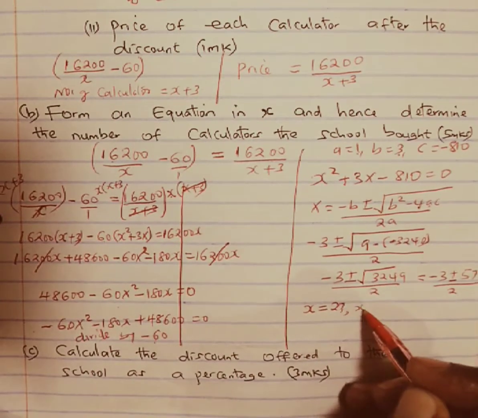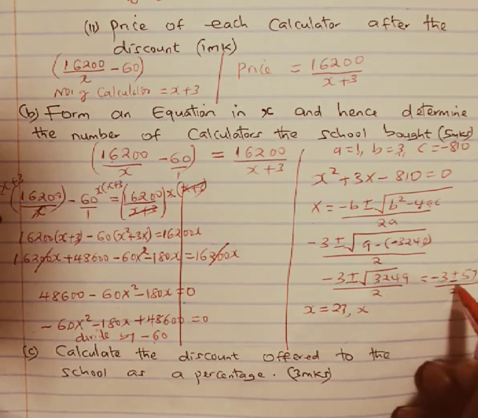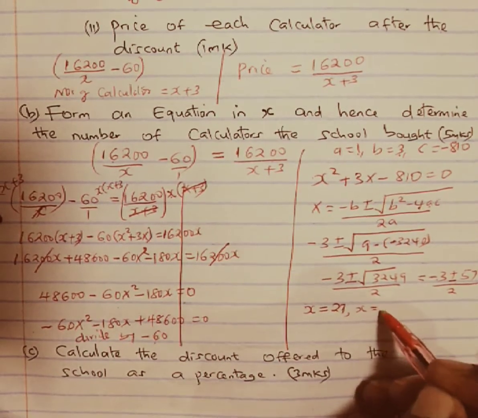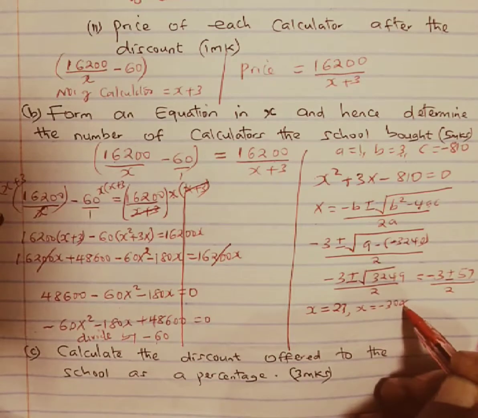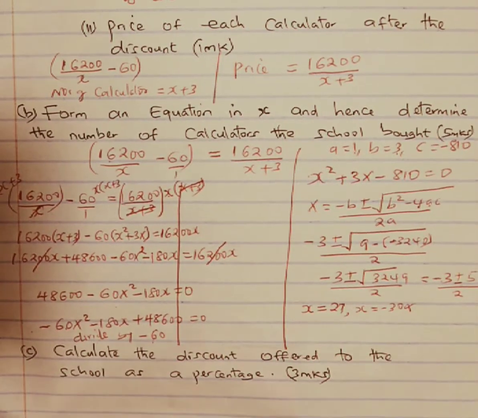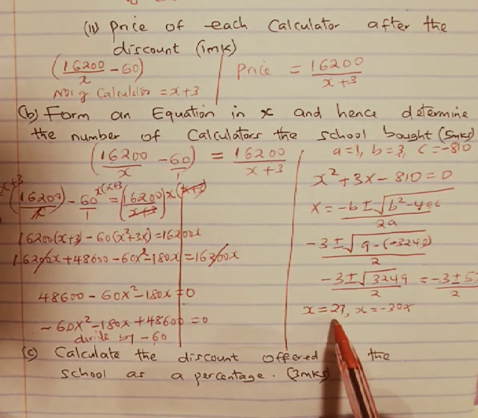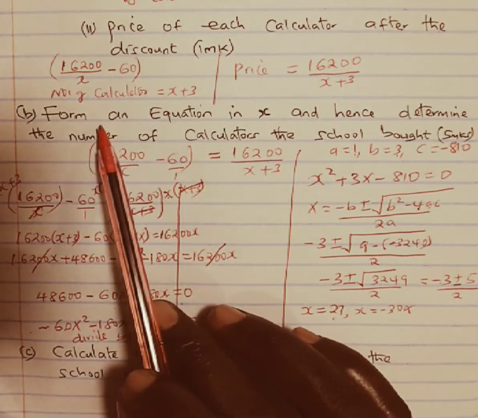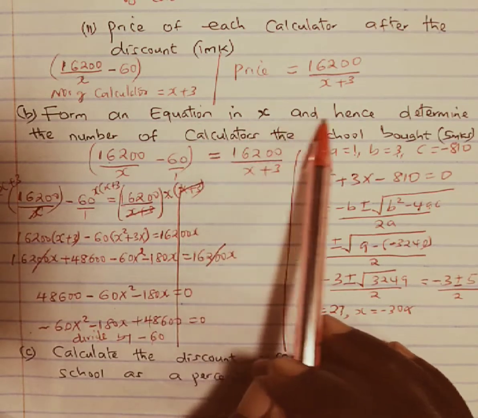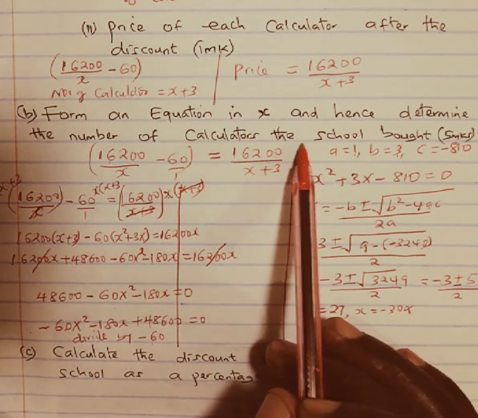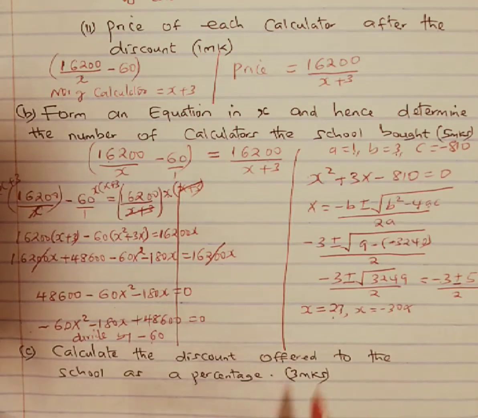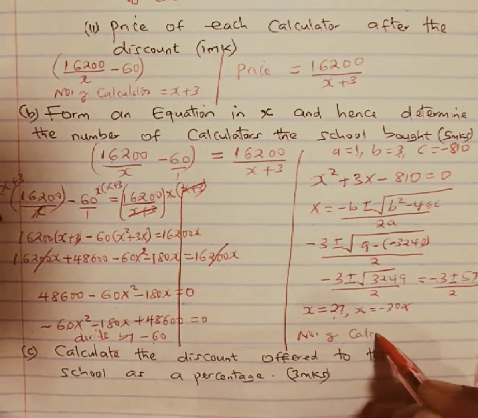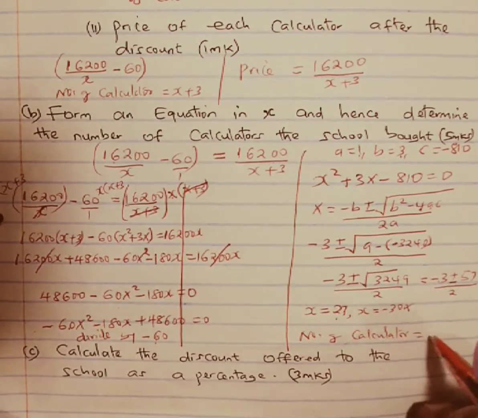And the other value of X will be negative 3 minus 57, which is minus 60 divided by 2, giving us negative 30. But remember, the number of calculators cannot be negative, and therefore the true value of X is 27. But what are we supposed to calculate? Form an equation in X and hence determine the number of calculators that the school is going to buy. So the number of calculators will be 27.